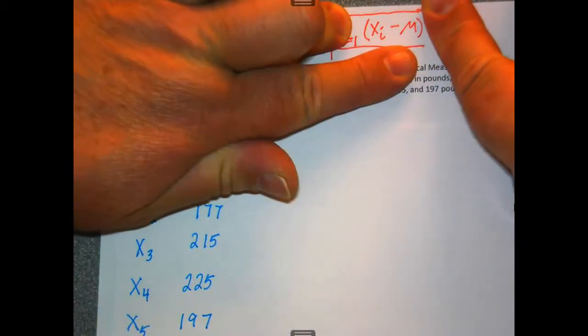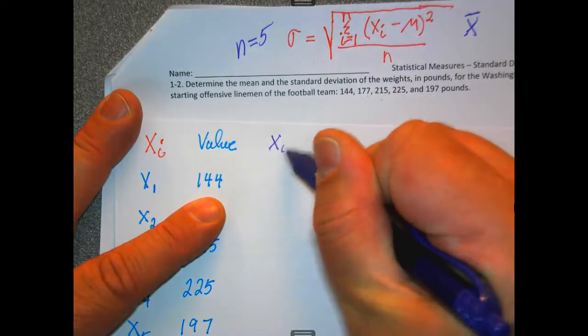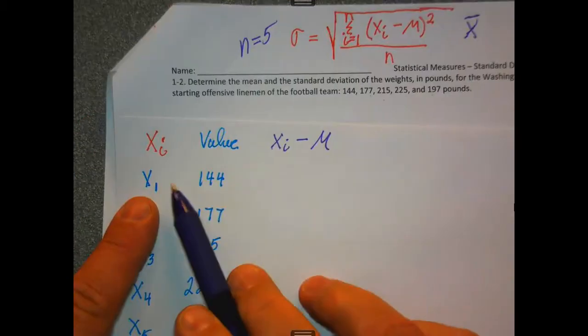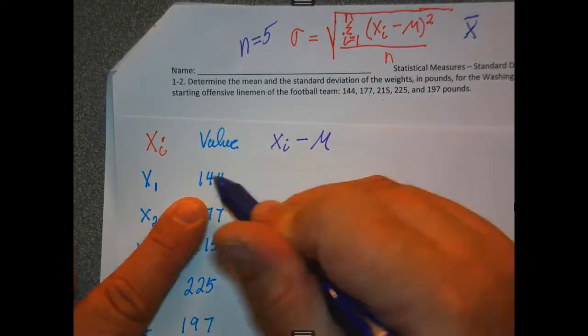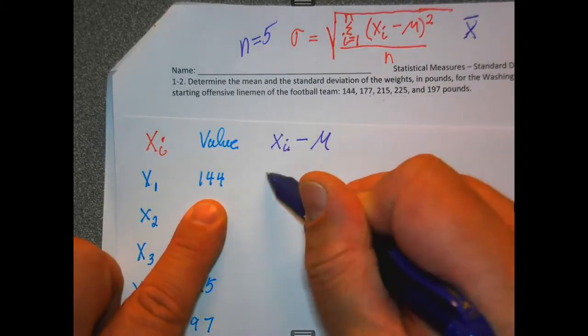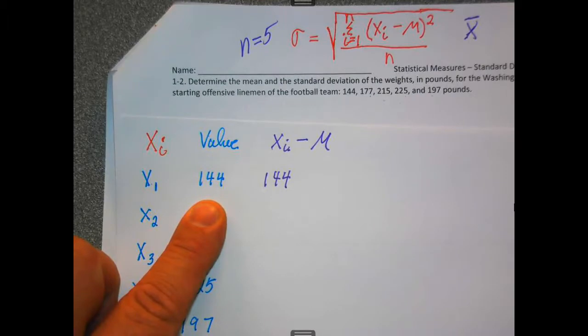Figure out x of i minus the mean. x of i minus the mean. Okay. So this one, x of 1, when i equals 1, 144. Now, we got to find the mean. We never found the mean, did we?